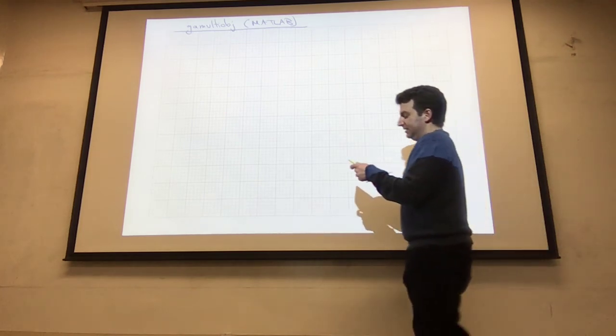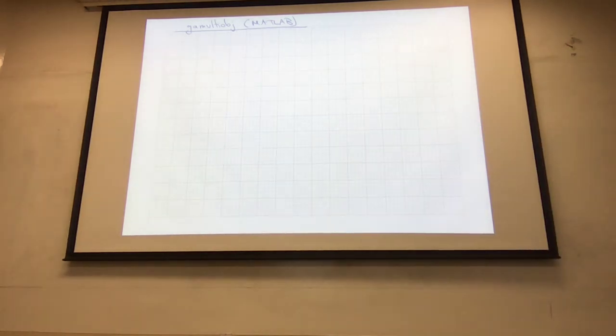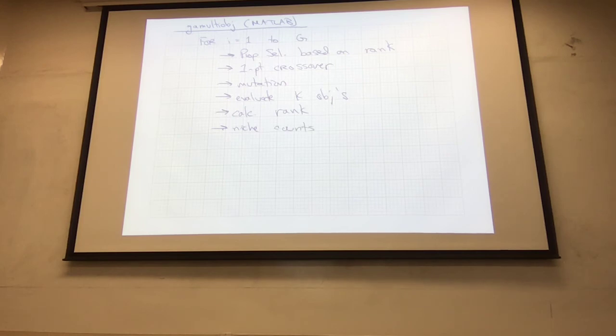Rather than writing it all out, it's effectively just: you go up to a certain number of generations, and you do proportional selection based on rank, and then you do single point crossover, mutation, then you evaluate your K objectives, calculate your ranks, do your niche counts, and then you can do fitness scaling if you'd like.